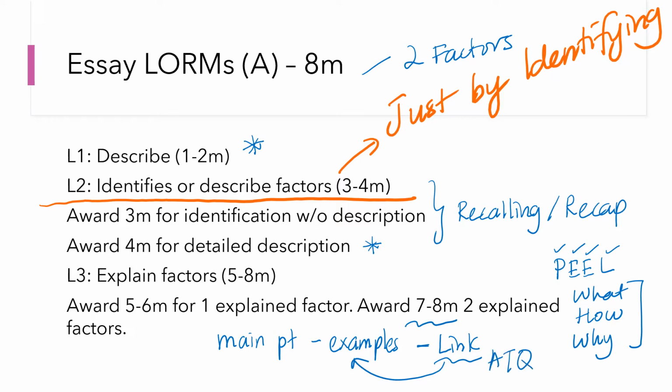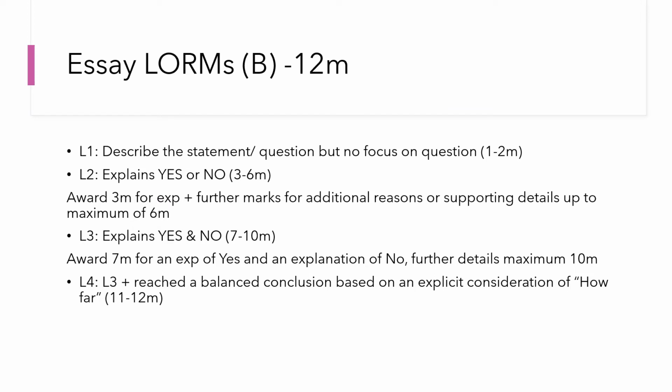Okay, now moving on, a 12-mark question would demand definitely slightly more. All right, it is again a statement. So for a B question or 12-mark question, it is what we call a statement, and you have to answer in 2 paragraphs, minus the conclusion, but it is 2 paragraphs.